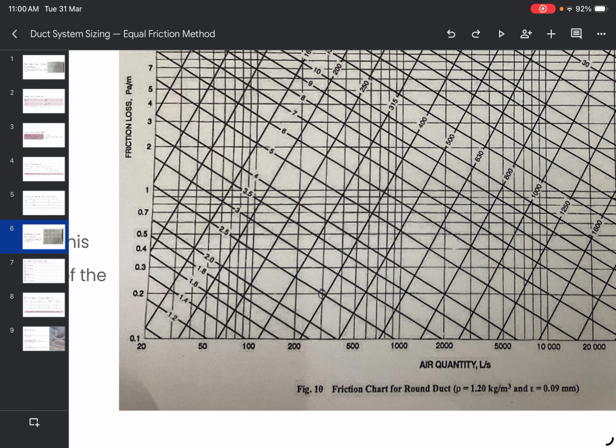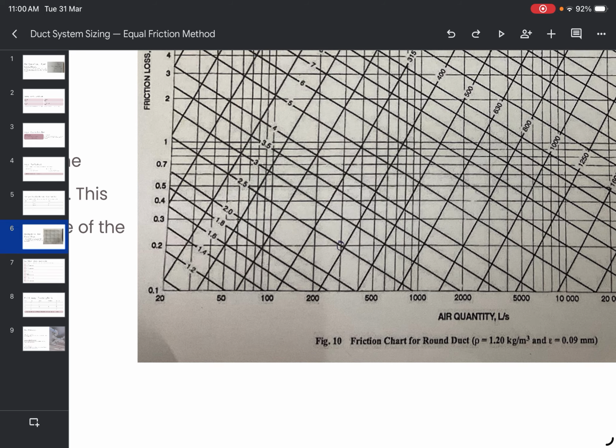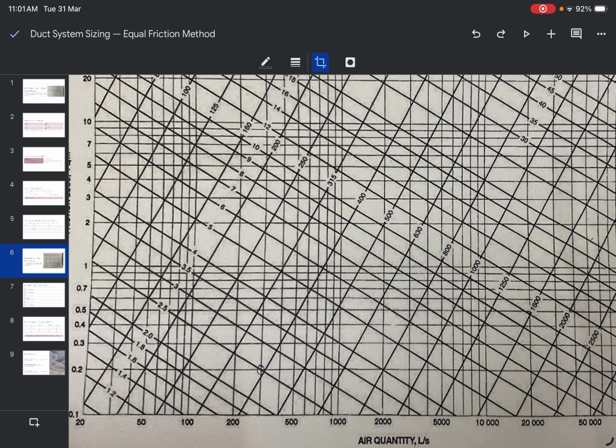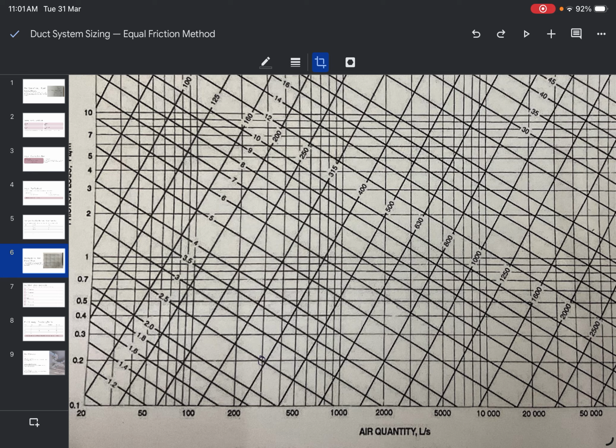So if you look at this, if you draw a parallel to 400 at 425, and if you draw a vertical at 1100, you would get the pressure drop of about 1 pascal per meter. Okay, so try doing this on the friction chart.